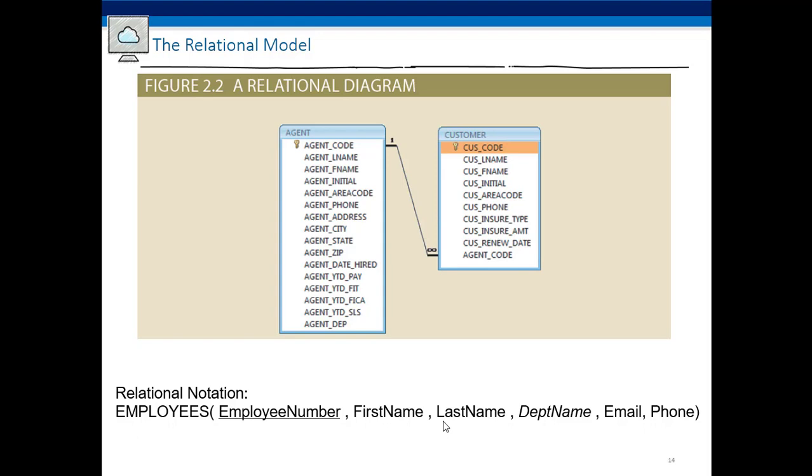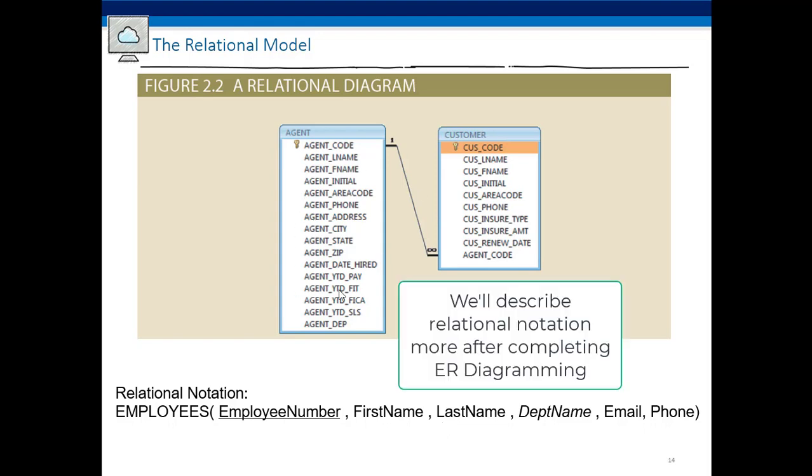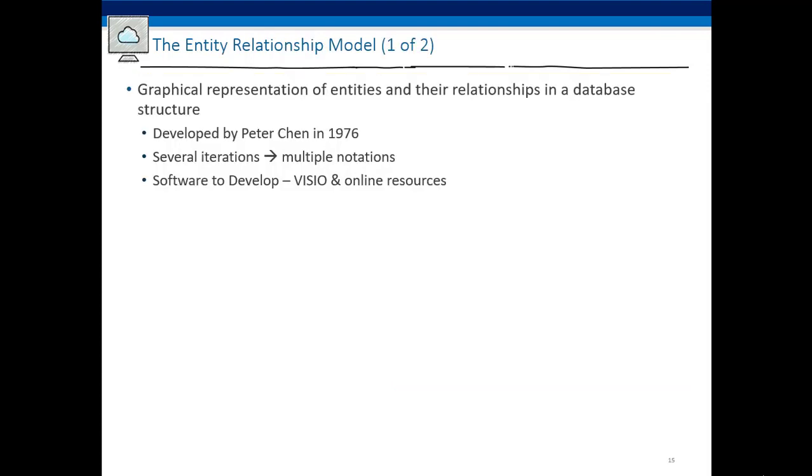Here's relational notation. So sometimes what I'll do when I've got my data model, my ER diagram, I'll move that to relational notation. And then from here, I'll create the tables. The ER diagram, entity relationship, is that graphical representation.